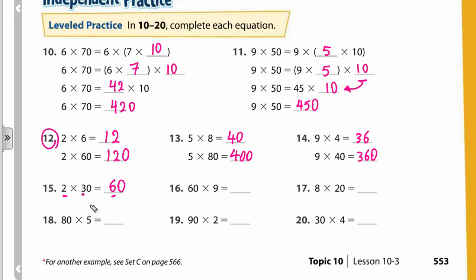Because we start first by multiplying 2 by 3 and writing the product. 2 times 3 equals 6. Then put another 0 to the right. Okay, thank you, Osama.